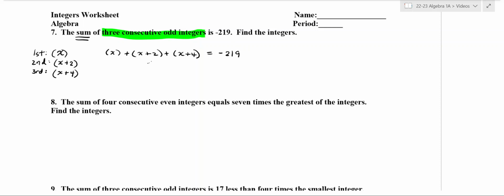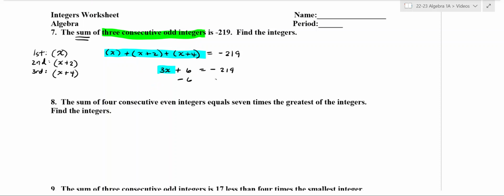Okay? So I am going to focus here on the left and combine my like terms. So that's 3x plus 6. I'm still focusing on this part of my left, which means that plus 6 has got to go.